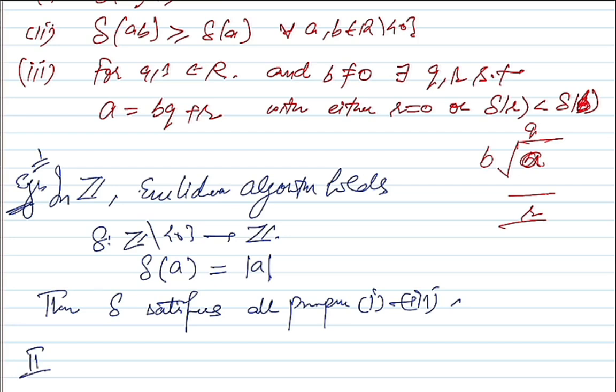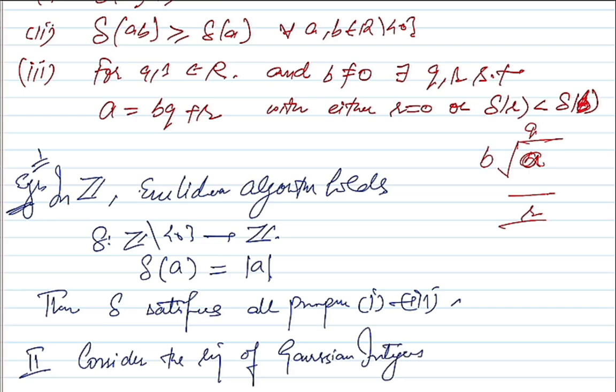Second example is, consider the ring of Gaussian integers, a plus iota b, where a and b are integers.